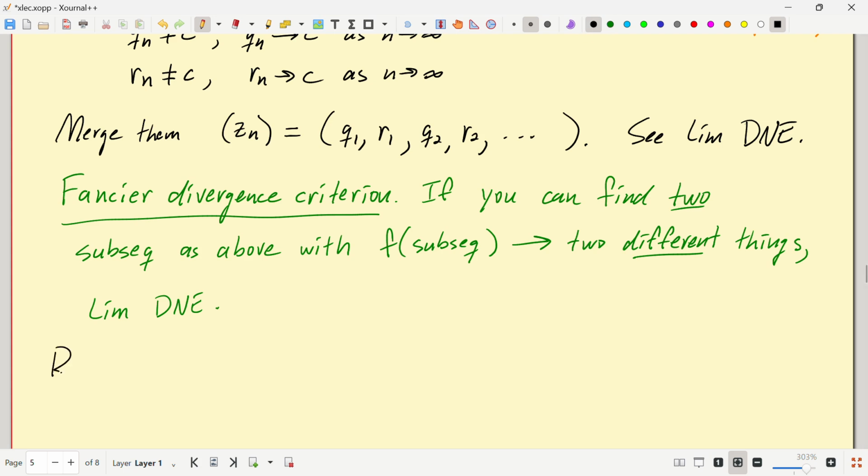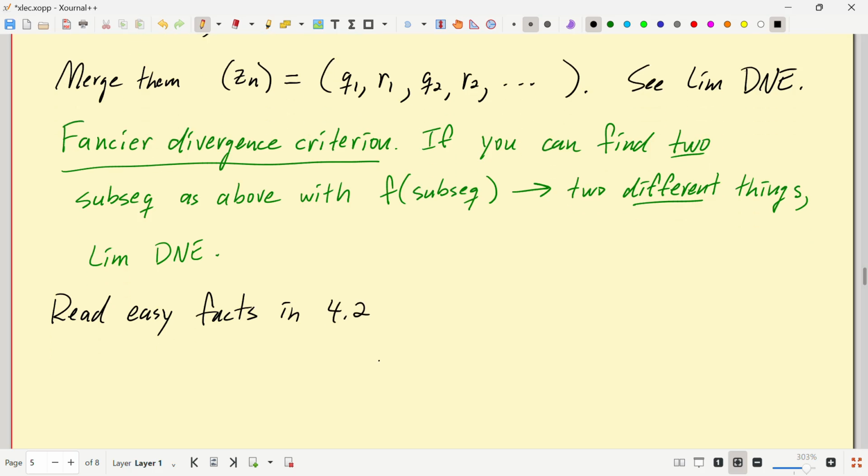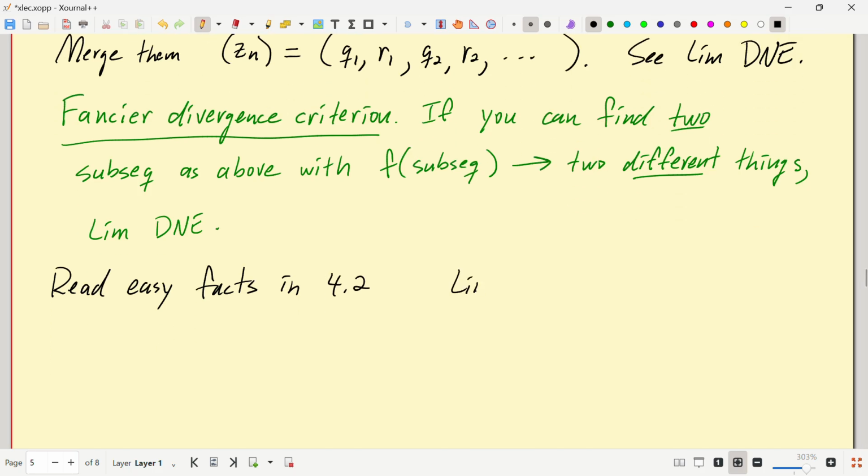So read about the easy facts in 4.2, like the limit of a sum is the sum of the limits, stuff like that.